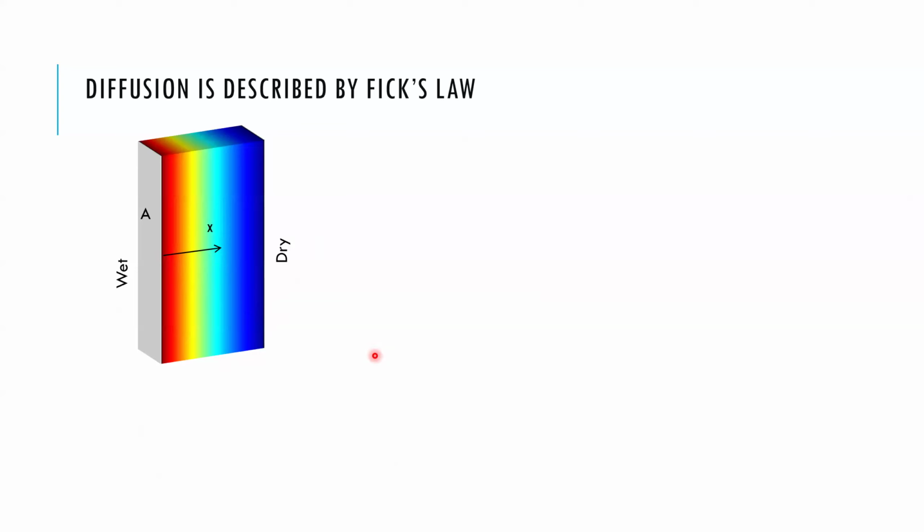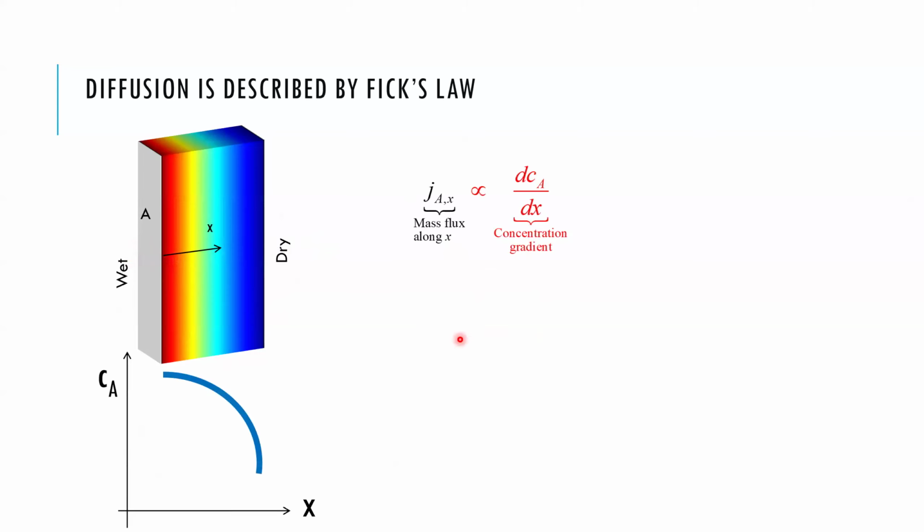So how do I describe this? First of all, we kind of know that it's going to go from where there is more to where there is less. And so if we think of a concentration profile, C for concentration and A is the stuff that is diffusing.